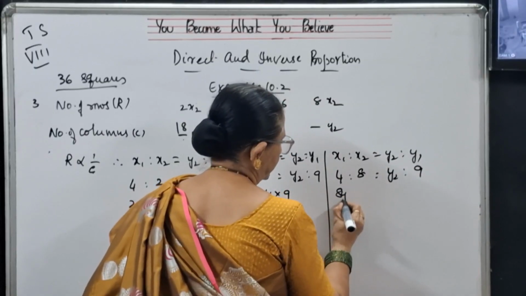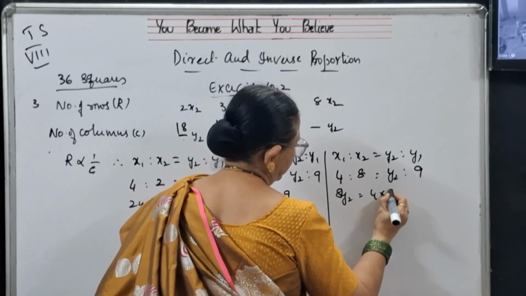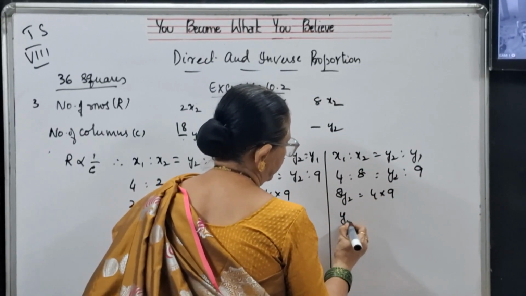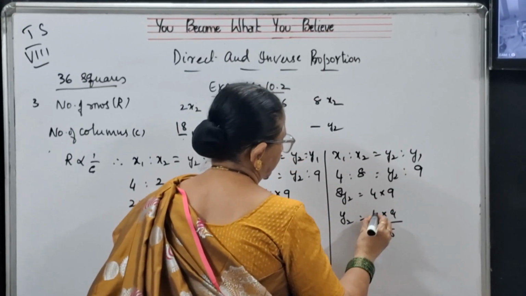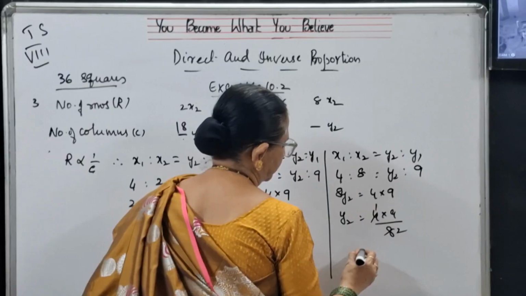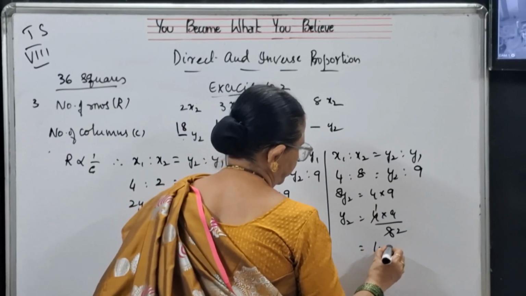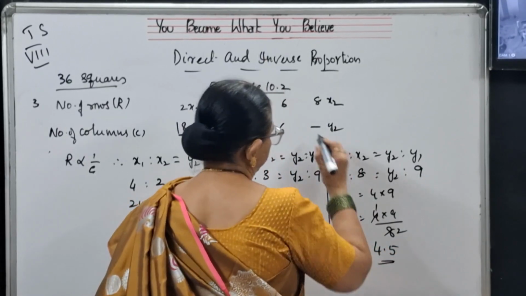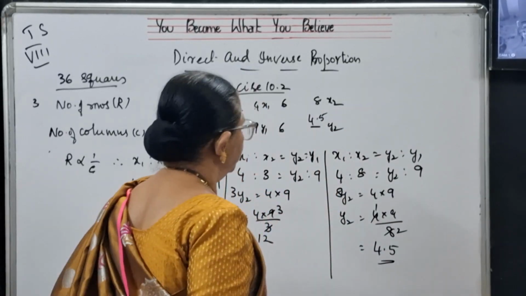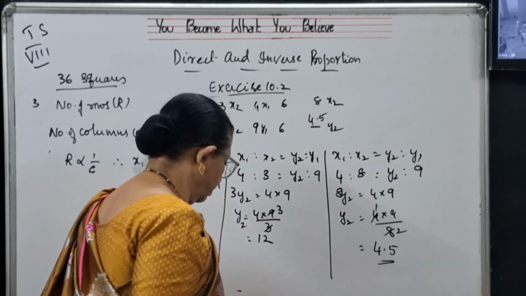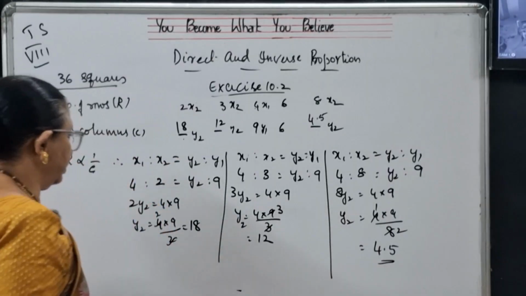So 8y2 is equal to 4 into 9. So what is y2? 4 into 9 by 8. 4 ones are 4, 4 twos are 8. So y2 is 4.5. 4.5 is the answer, children. So please note it down.